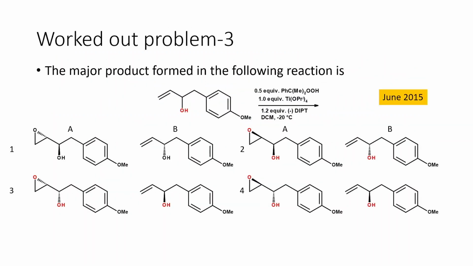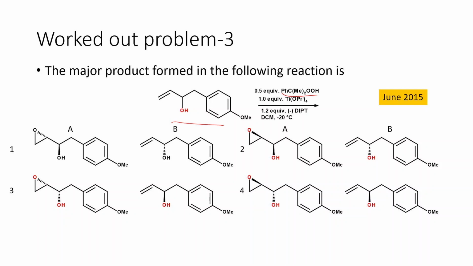So the next problem is: the major product formed in the following reaction. We have again an allyl alcohol, and this is treated with a hydrogen peroxide derivative. Cumene hydrogen peroxide is the compound that is given here.